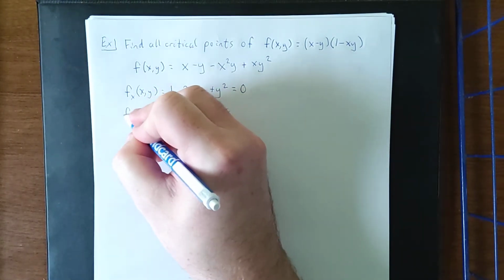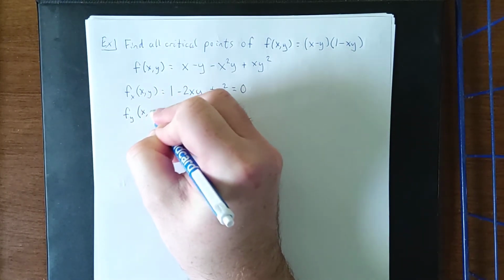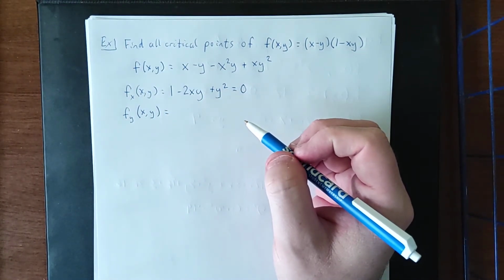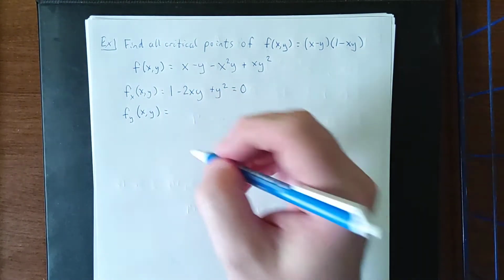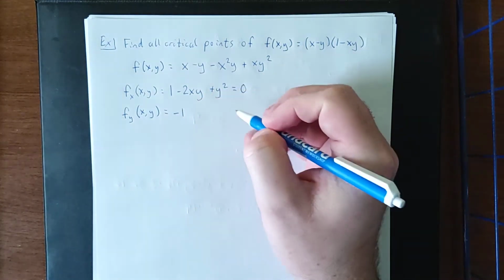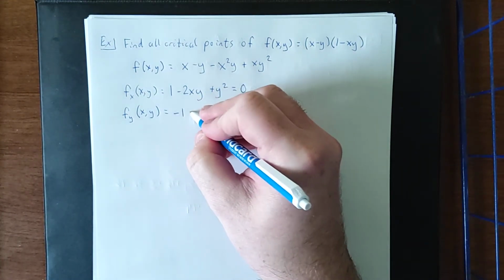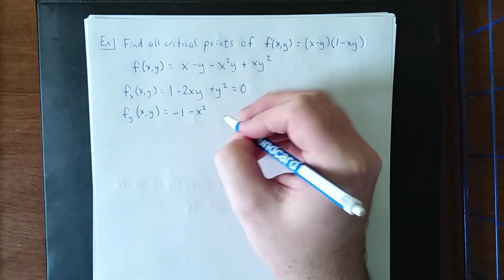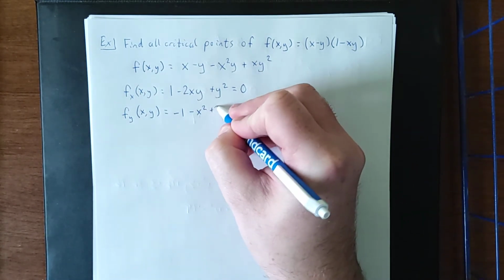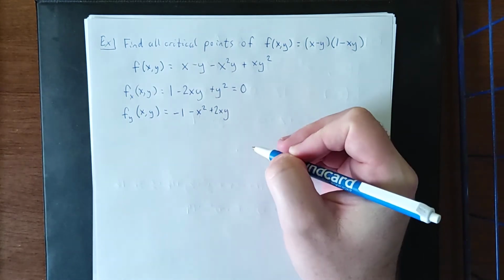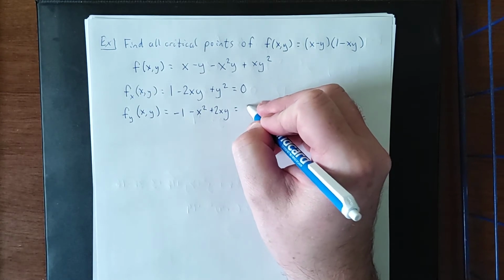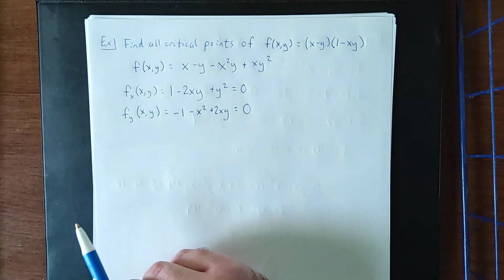Then for the partial derivative of f with respect to y, this is where we would see that'll be 0, that'll be minus 1, and we'll see minus x squared, and we'll see plus 2xy. And that leads us once again to that being equal to 0.